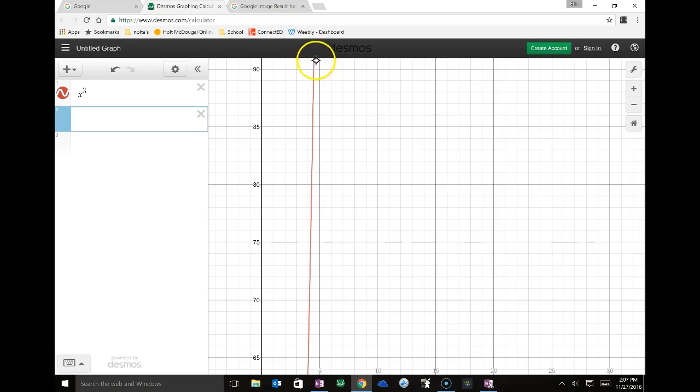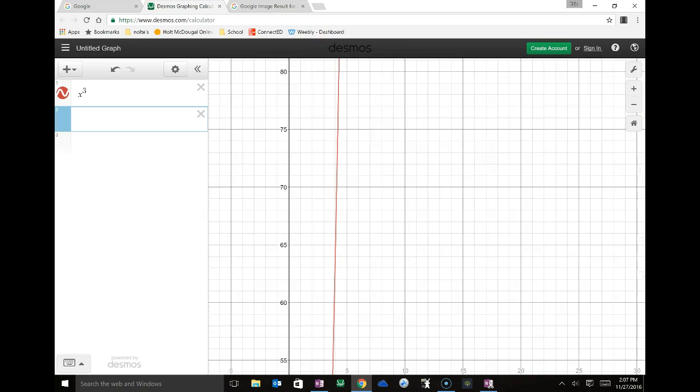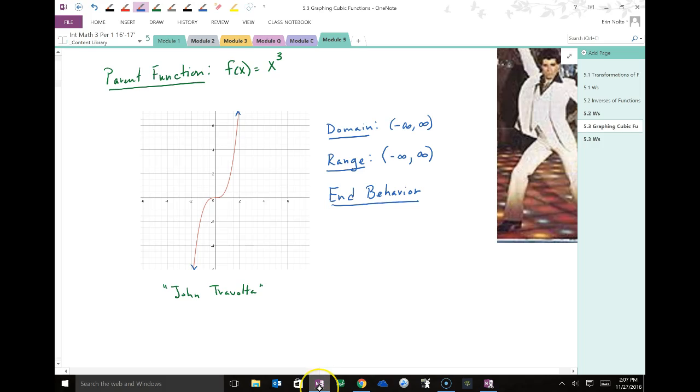The y value is going up, up, up, going to infinity. So we can say as x approaches infinity, the y value, which we're going to call f of x, approaches infinity.